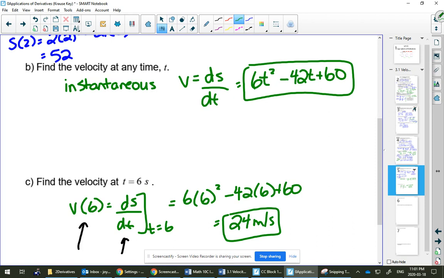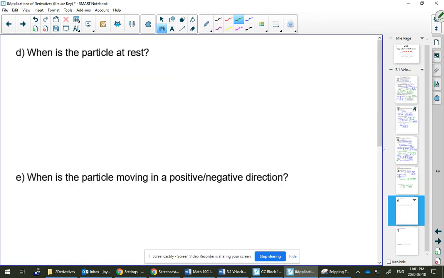Again, all of these are just applications of the derivative. This particular one, we're going to go a little bit further and actually map out the movement of the particle on a number line. So when is the particle at rest? The particle will be at rest when the velocity is 0. So we're going to figure out when is the velocity at 0.